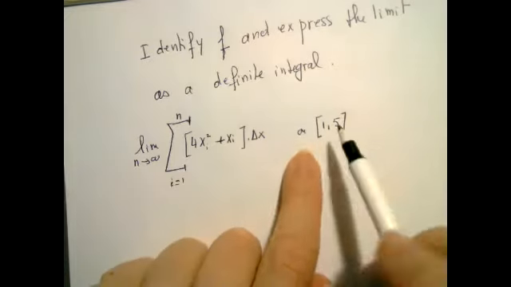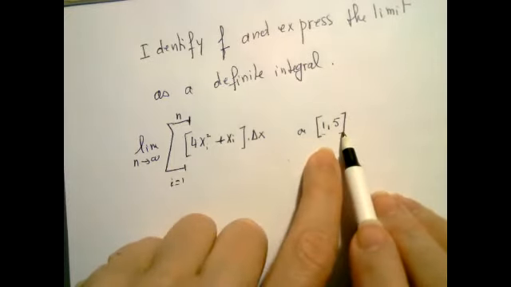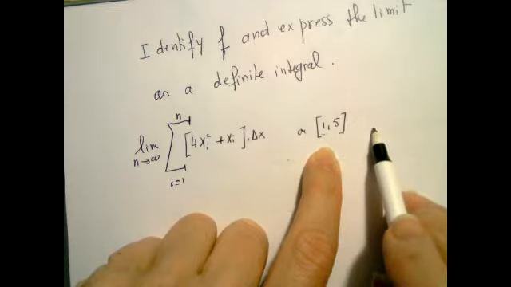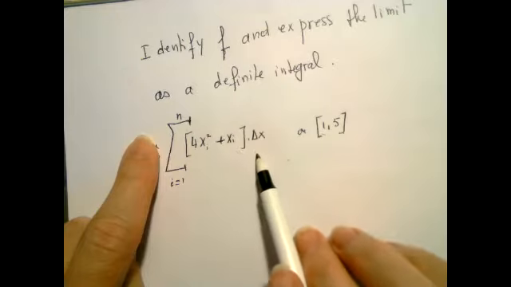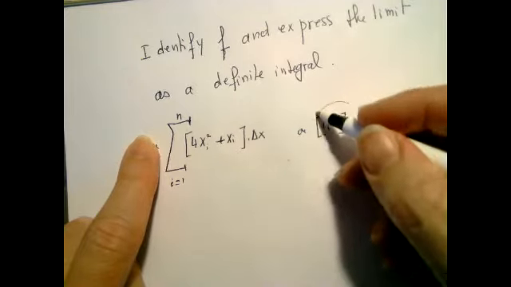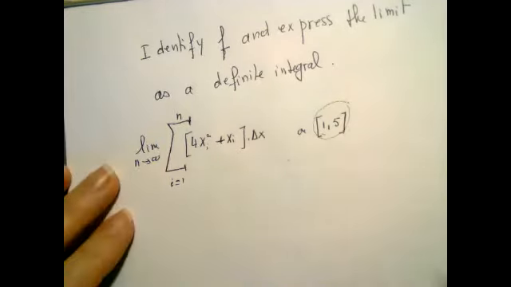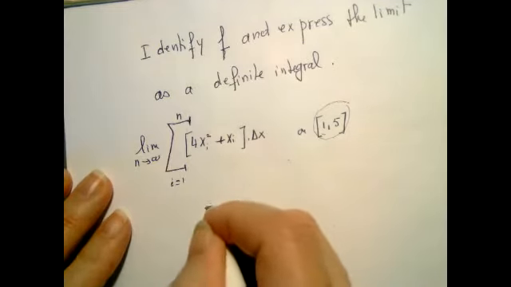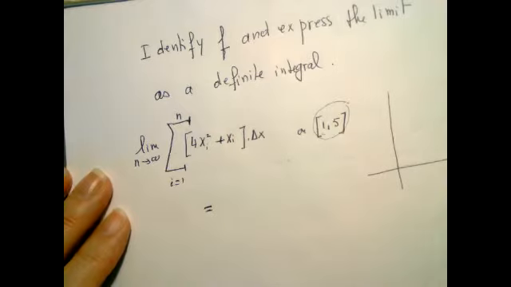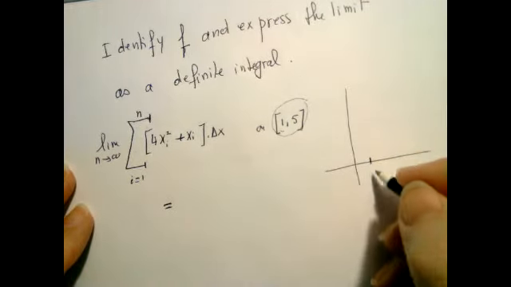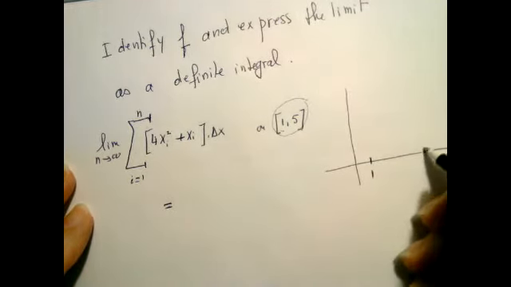For you, it means I'm taking the interval 1, 5. I'm subdividing it into pieces, and I'm computing the sum for larger and larger n. So that's the interval I am actually subdividing. I want this to be written as a definite integral. In my mind, I'm taking the interval 1 and 5.